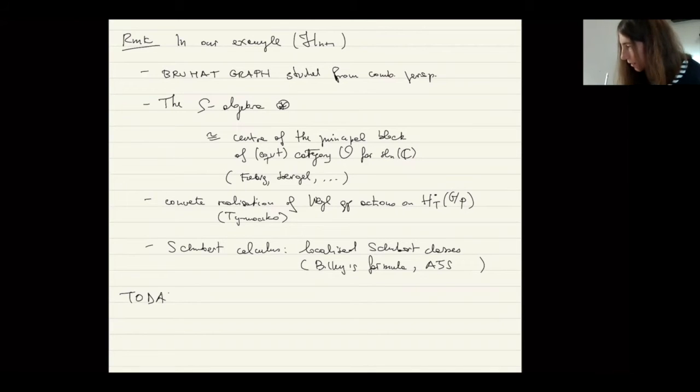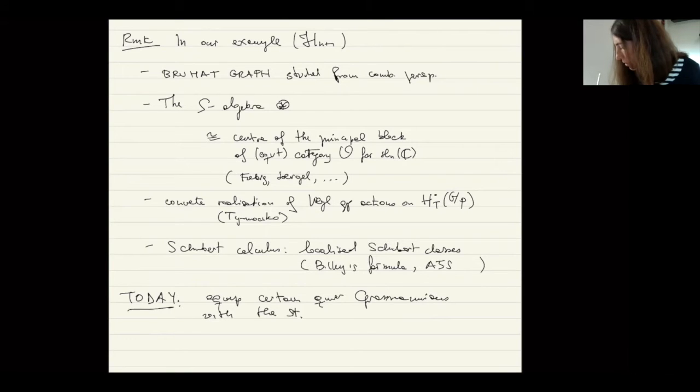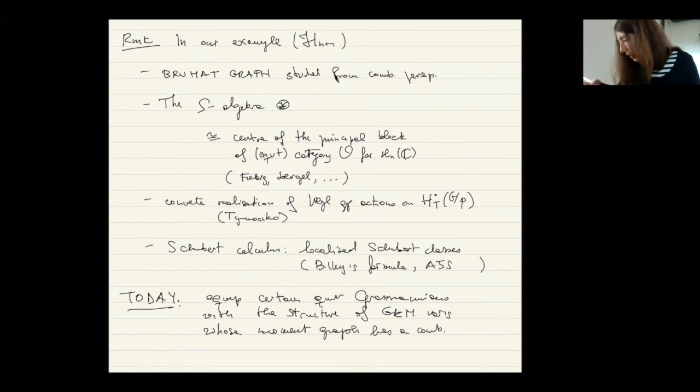So today, we want to equip certain quiver Grassmannians with the structure of GKM varieties, and let me also say that it is important that the moment graph has a combinatorial description.